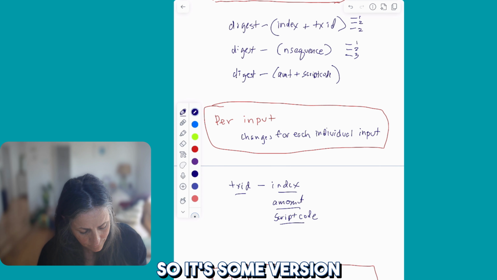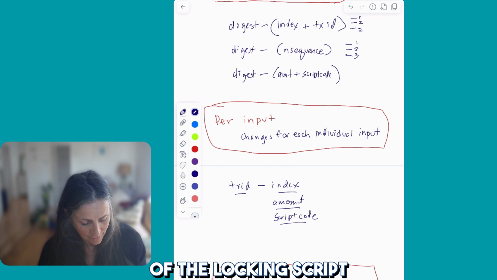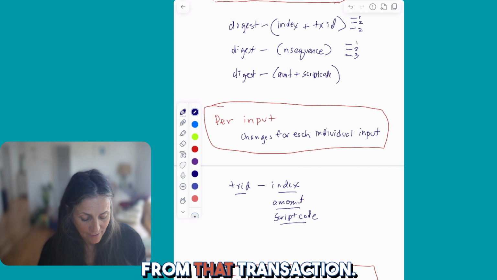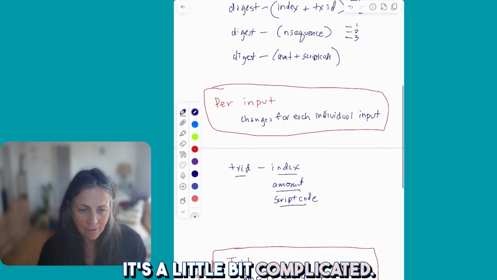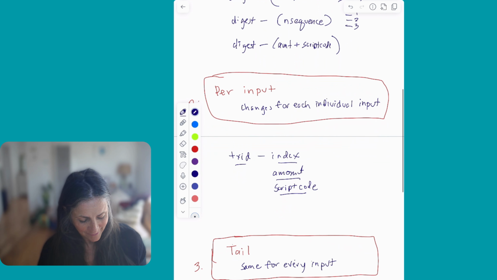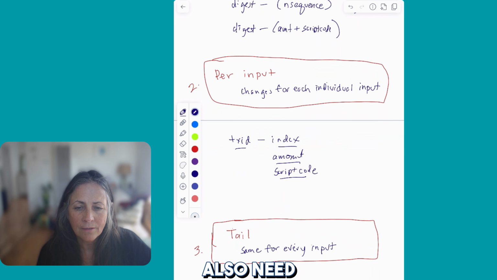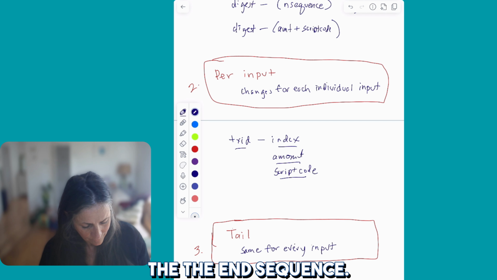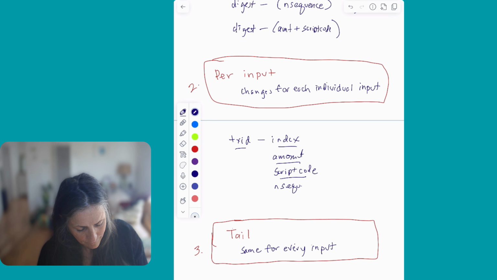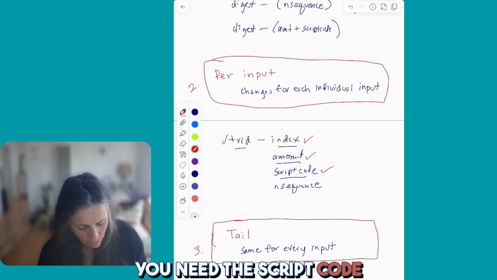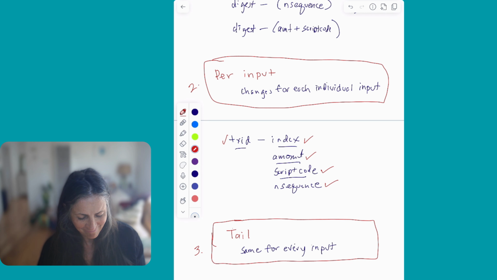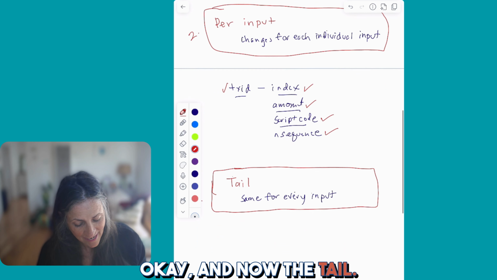So it's some version of the locking script from that transaction. And I say some version, it's a little bit complicated, and that's where I ran into some troubles. You also need the nSequence. So you need the TXID, the index, the amount, the script code, and the nSequence.